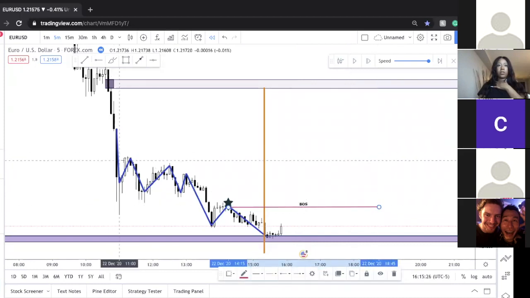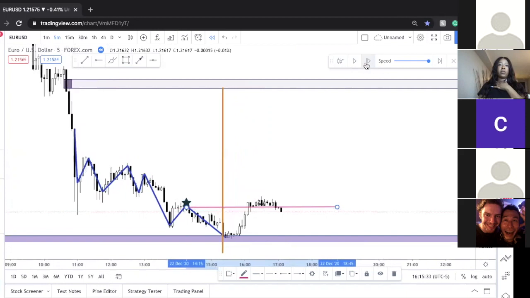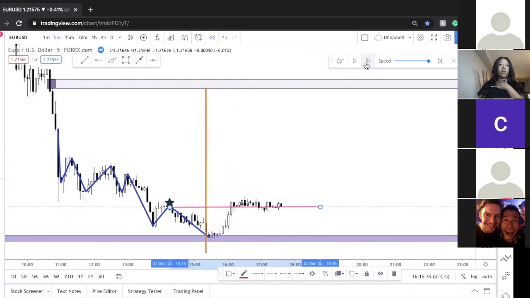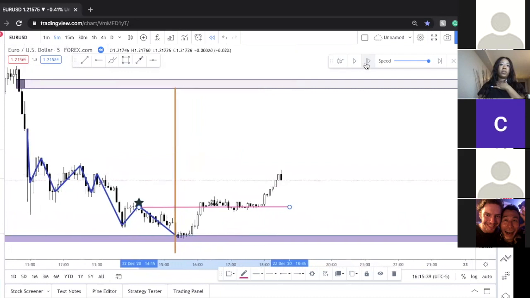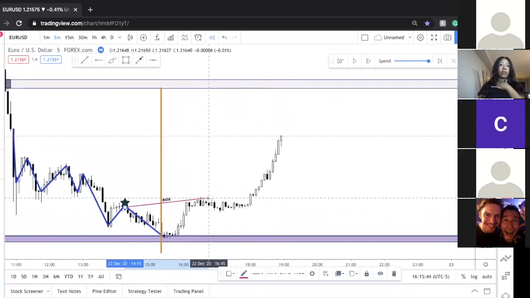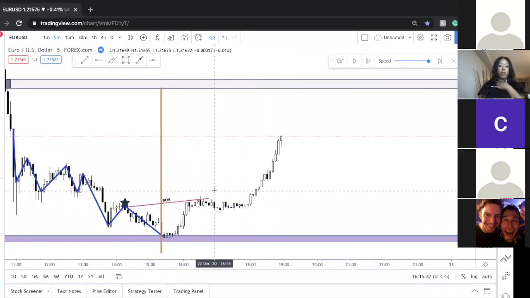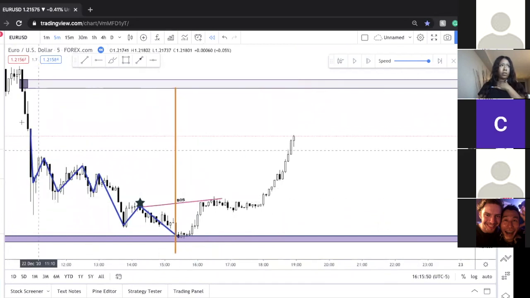Okay, so I structured down into my point of interest. Now I want to see if I'm going to break structure. Okay, cool. So I broke structure right here. Before I move on, does everyone understand how that's a break of structure?